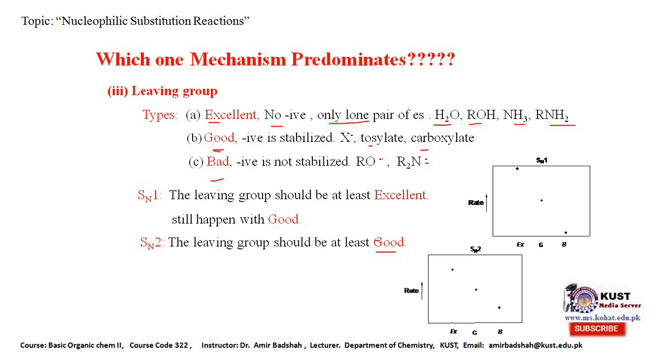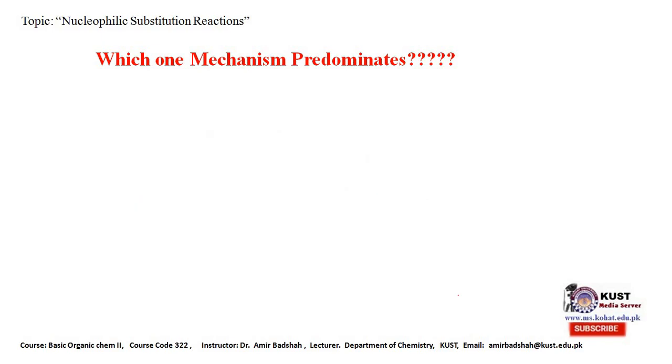If the group is excellent, the rate of the SN2 mechanism will be high, and if it is good, it is still high, but if it is bad, the rate will be slow, though comparatively higher than SN1. So the nature of the leaving group can affect both SN1 and SN2 mechanisms. An excellent leaving group can favor both SN1 as well as SN2 mechanisms.